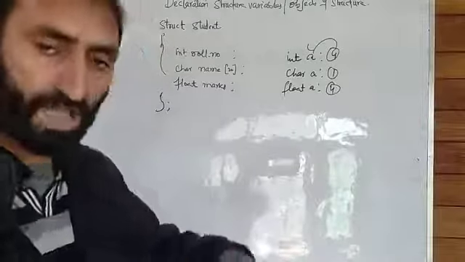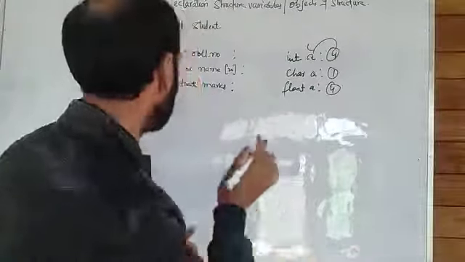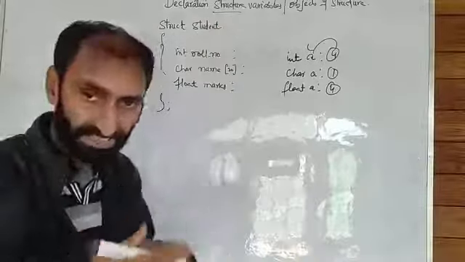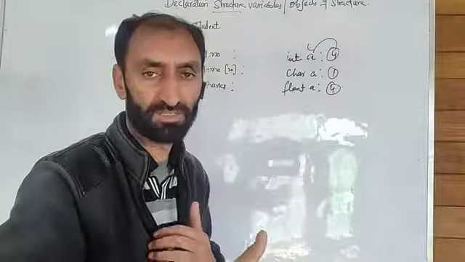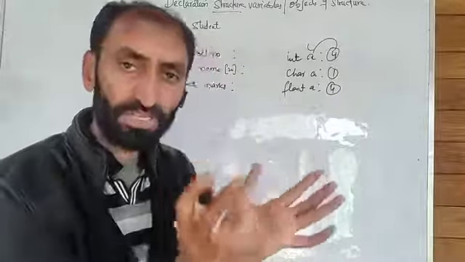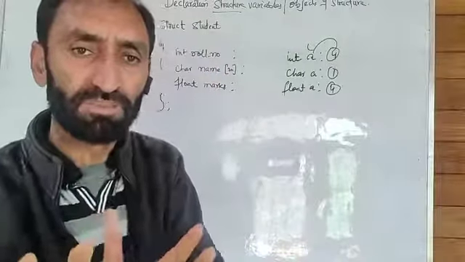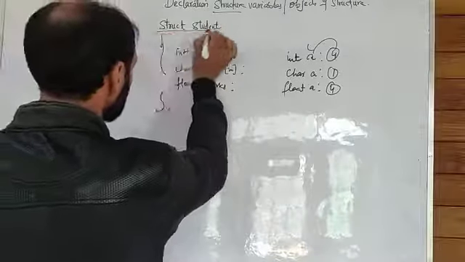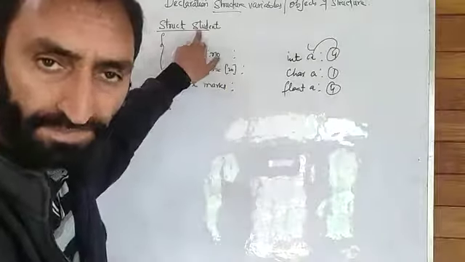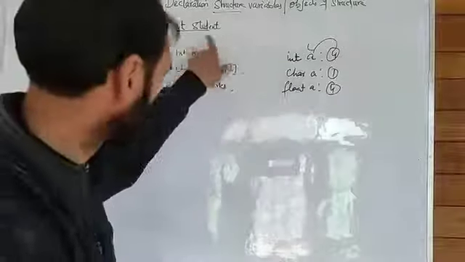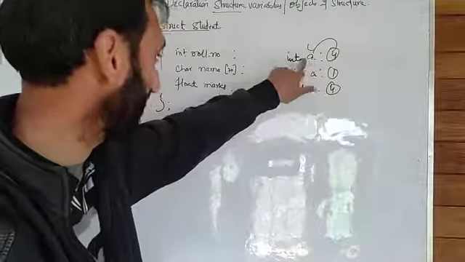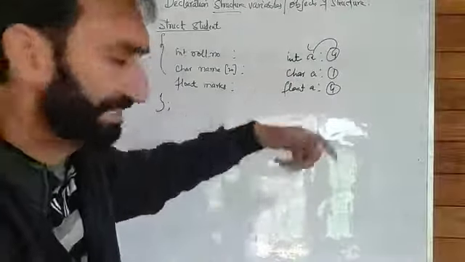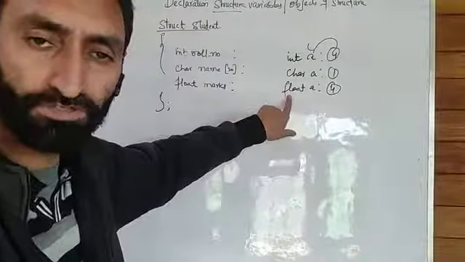Similarly, I told you in the previous video that a structure is a user-defined data type. Obviously here, struct student is the data type, the name of the data type. Just like int is a data type, char is a data type, and float is a data type.